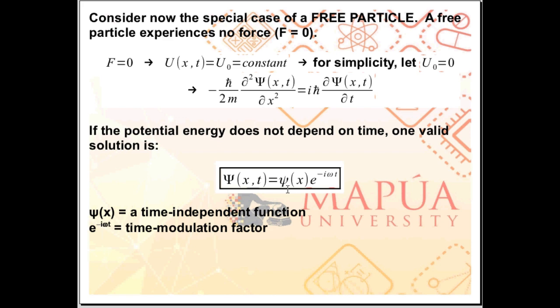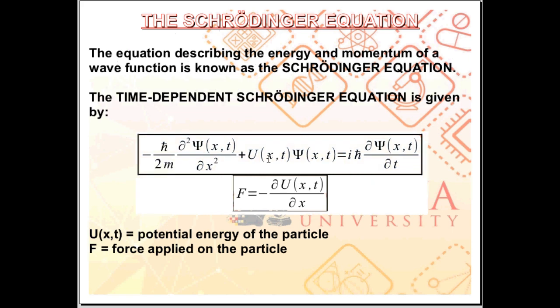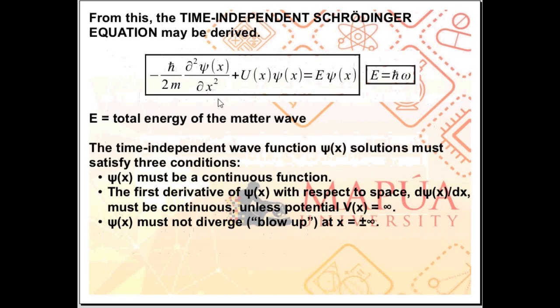Using this equation of psi, psi is equal to small psi times e to the negative i omega t, into our Schrodinger equation, we are able to derive what is called the time-independent Schrodinger equation.